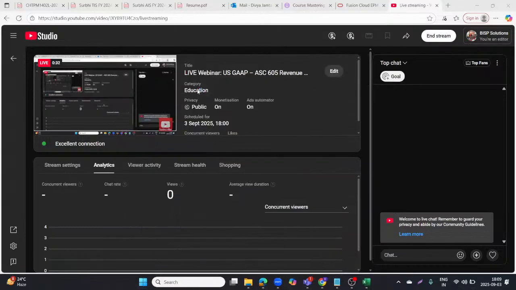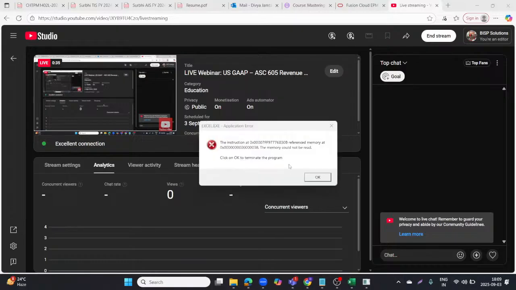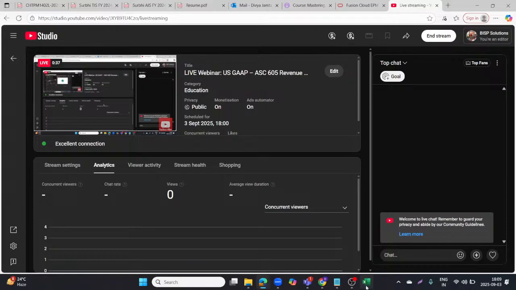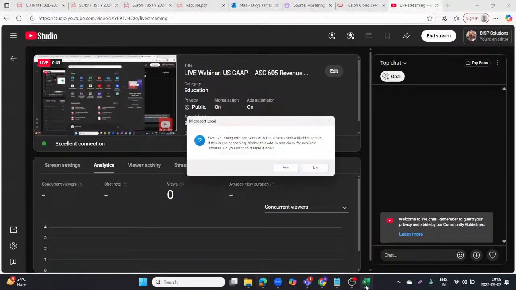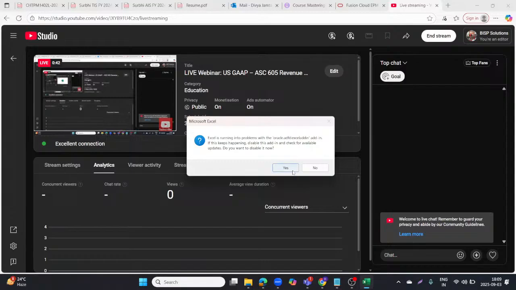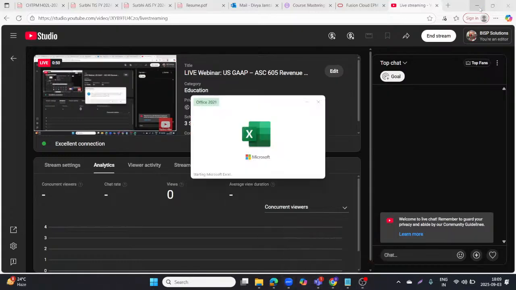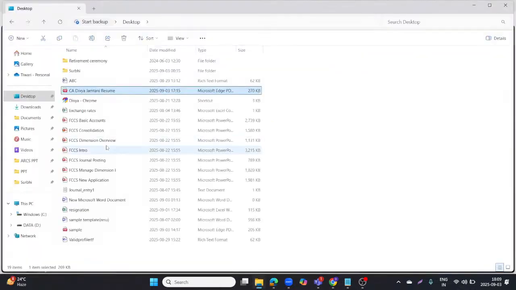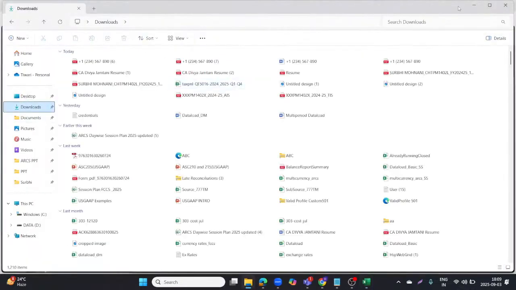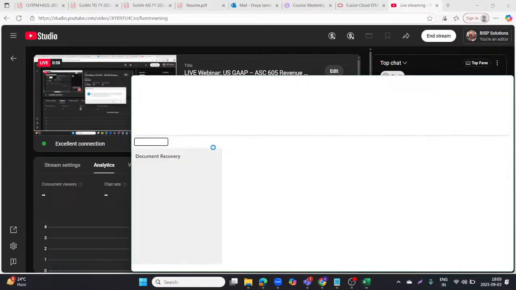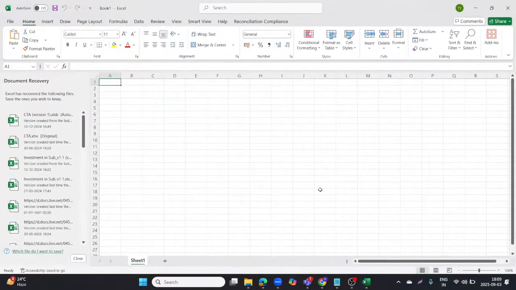Then we will start with the 5-step revenue recognition model, and then we'll see what is contract cost, and then we'll see the presentation and disclosure. So let's get started.